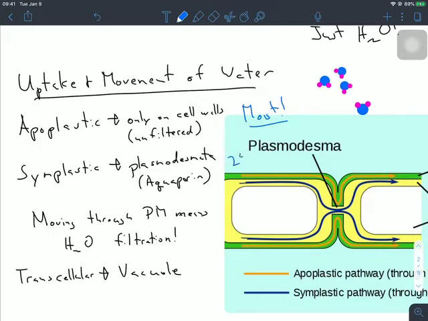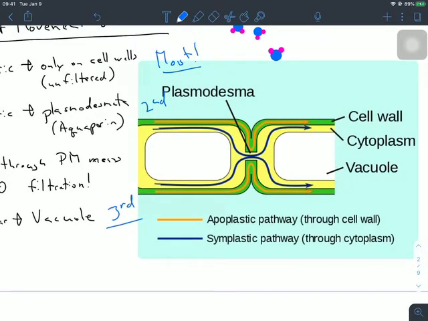Symplastic is second most because it only has to go through one set of aquaporins, and transcellular is the slowest, third most. Not a lot of water goes through the plant transcellularly, but it does offer another way to move water through when you need a lot of water really quick.